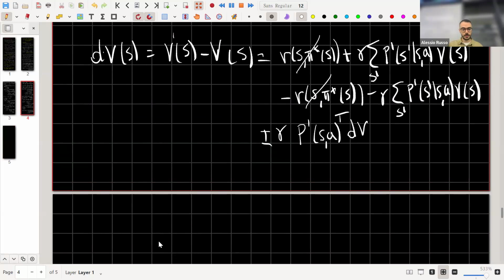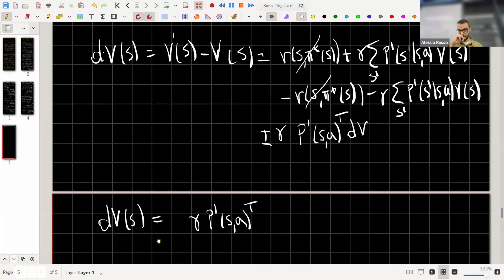So we have dV evaluated in S equal to gamma P prime SA transpose, sorry, here it's just V. If it's only V here, when we take the difference between this term and this term, we have dV appearing.